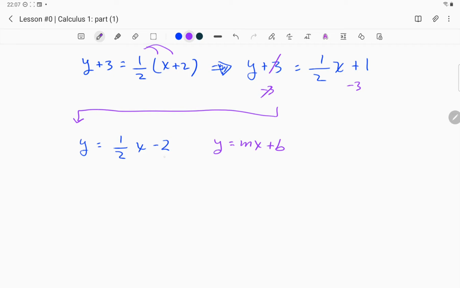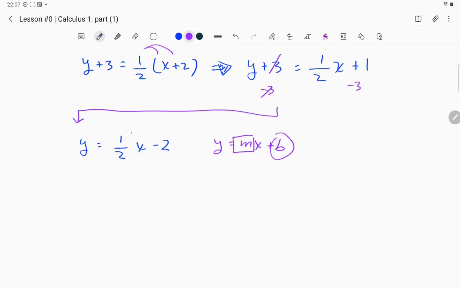So b is the y-intercept, and m is the slope. Let's do a quick thing where b is circled and m is boxed.